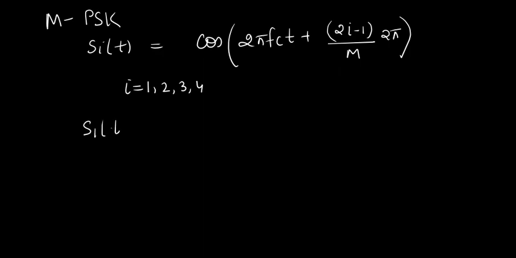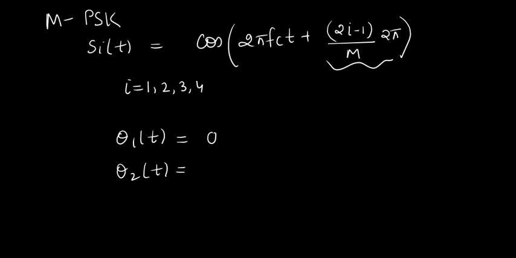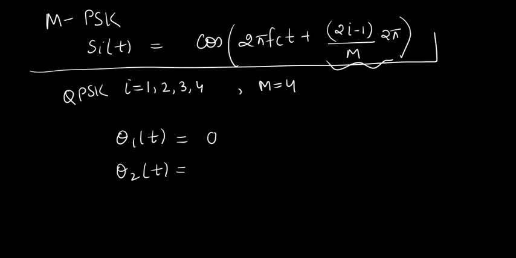So, S1(t) will be equal to only this, the theta corresponding to S1(t). So, theta 1 will be for i equal to 1, theta 2 will be for i equal to 2, since M is 4. We are saying that can we write any M-PSK like this. For this, I am just verifying if I am right or wrong.